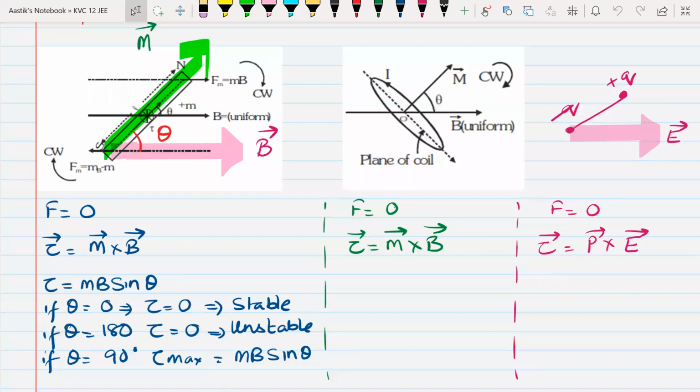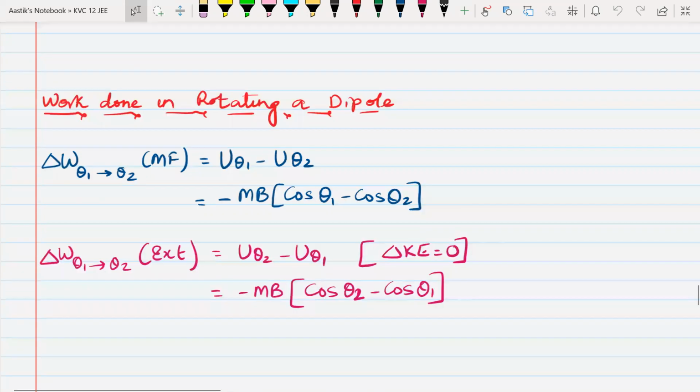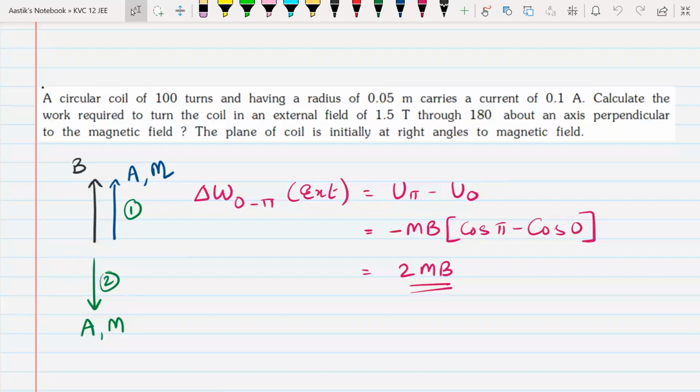We had seen what is the potential energy of a dipole, in which position the potential energy is minimum, stable equilibrium angle is 0. We had seen the work done in rotating a dipole, and some examples of how we can find out the work done in different cases. Do we remember this? Yes or no? Yes, sir.